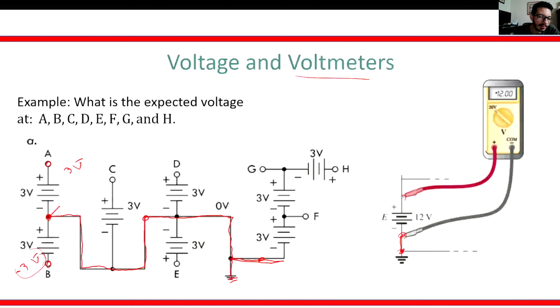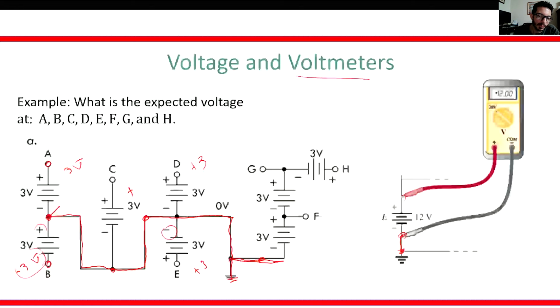Now from here, you have ground and C. This is positive 3 volts. From ground to D is positive 3. From ground to E is also positive 3, because we have a negative here, a positive here. The difference on point B was that we first have the positive, so that meant that we changed polarization.